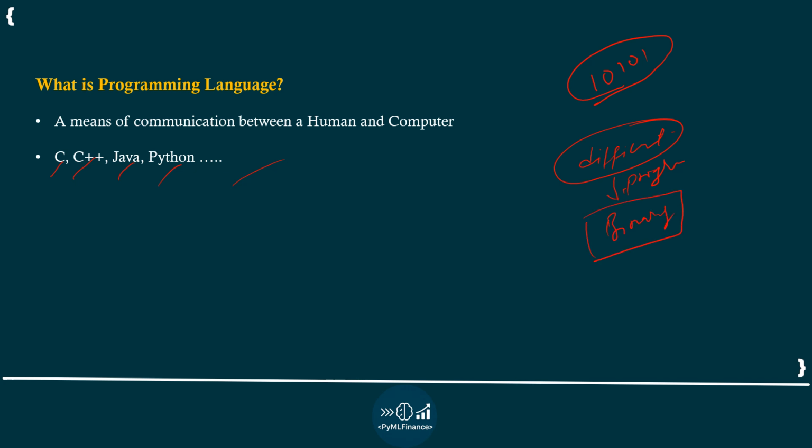So in order to overcome this difficulty, we use programming languages that are easier for humans to understand, read, and write.